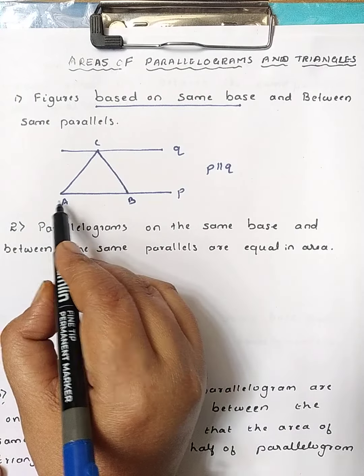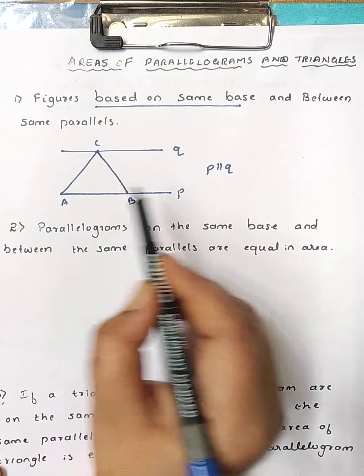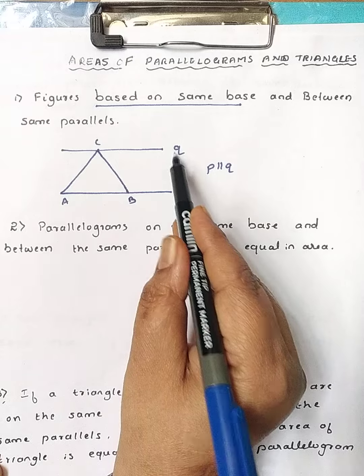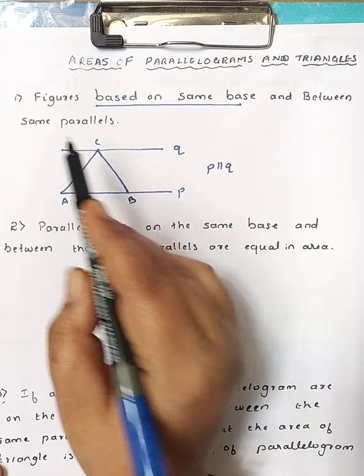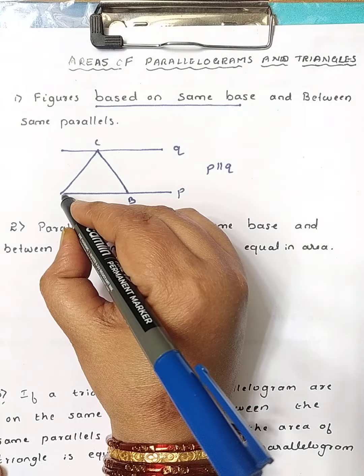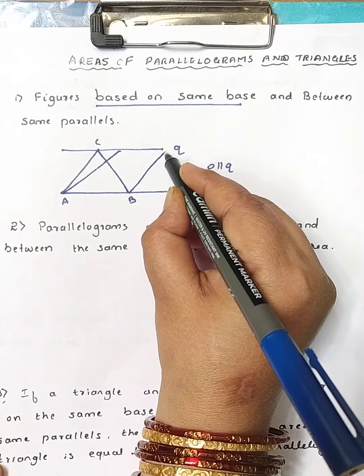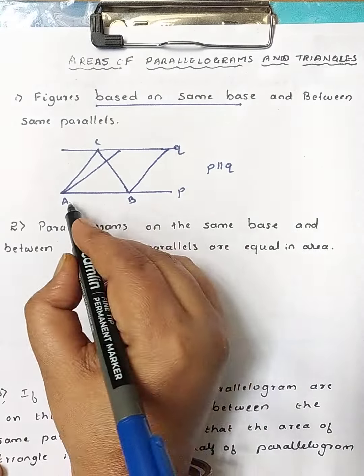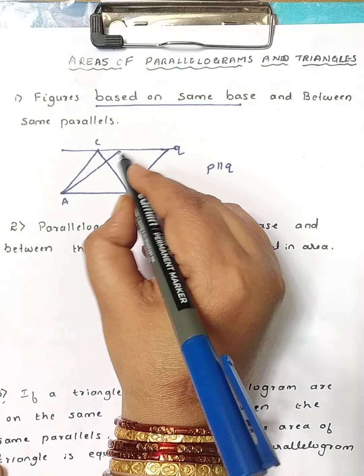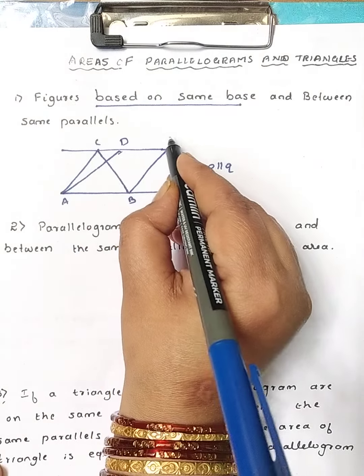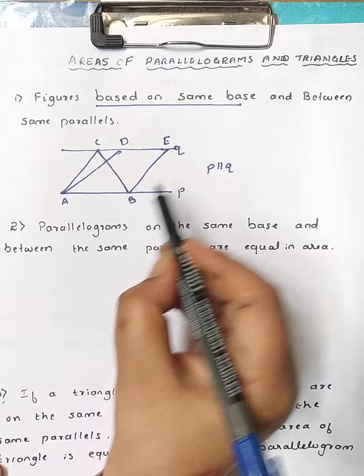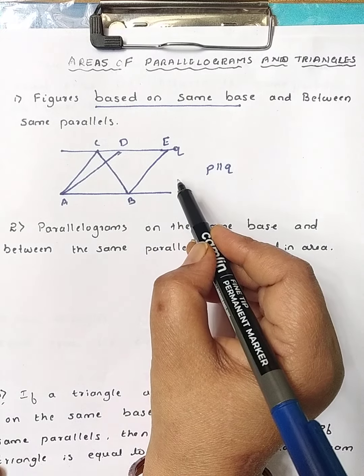ABC. Here ABC is a triangle between the two parallels P and Q. And again, suppose you draw another figure, consider AB as the same base, and ABED. Here also P and Q are parallel lines.